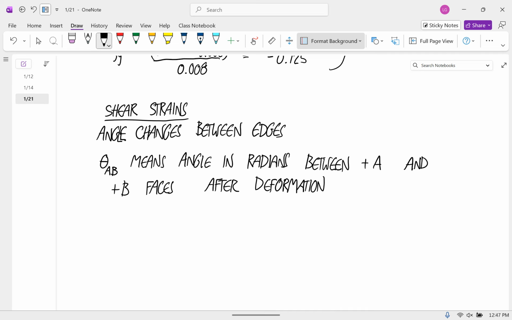Okay, so we're going to represent these shear strains this way. We're going to use the Greek letter gamma. And the XY shear strain, so gamma XY, is equal to pi over 2 minus the angle in radians between the positive X and positive Y face.